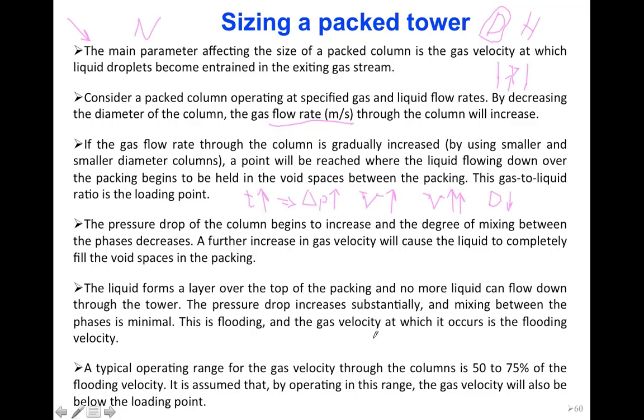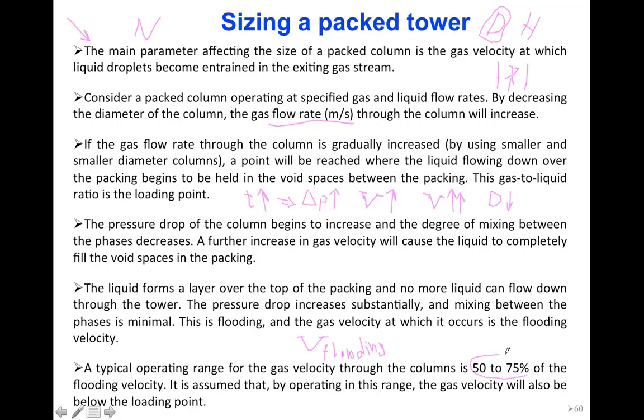So what we have to do is know what our flooding velocity is, the velocity at which we reach the flooding condition, and then we operate a bit below that flooding velocity.